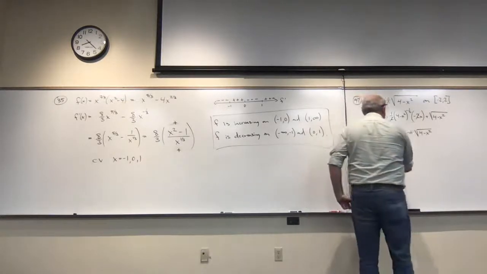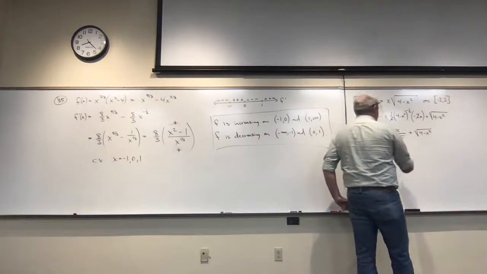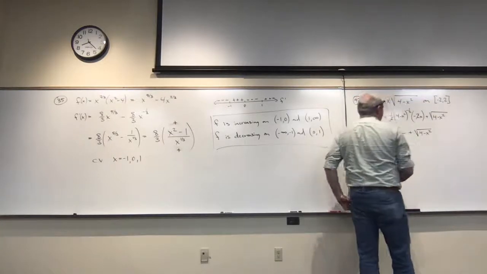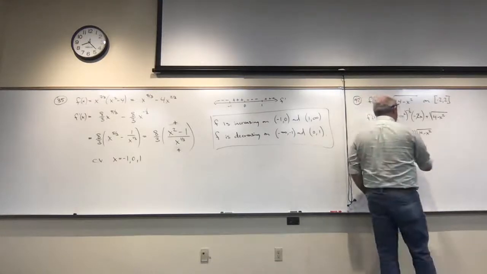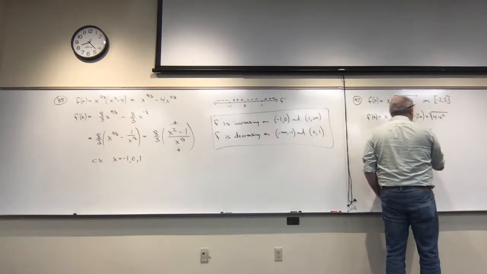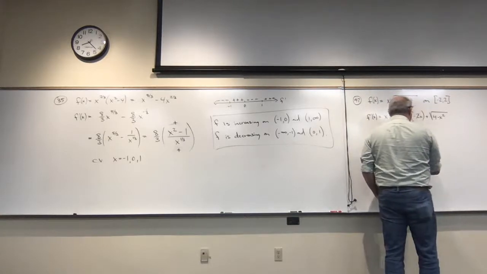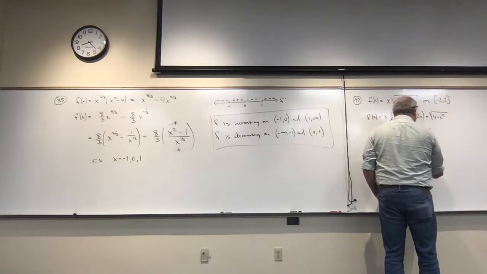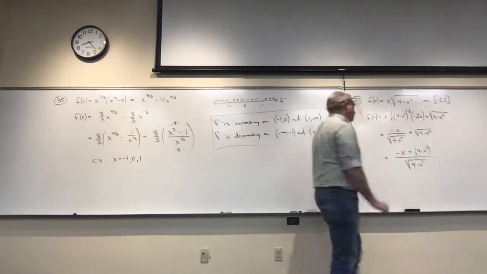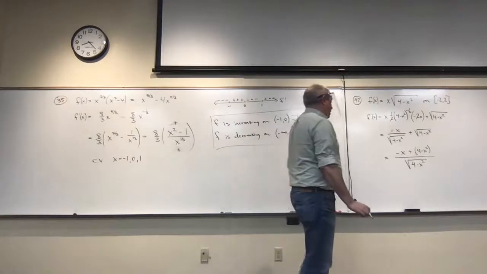If I do, then I get negative x. And if I multiply top and bottom of this by square root of 4 minus x squared, the top will become 4 minus x squared. And the bottom will have a square root of 4 minus x squared. Okay.